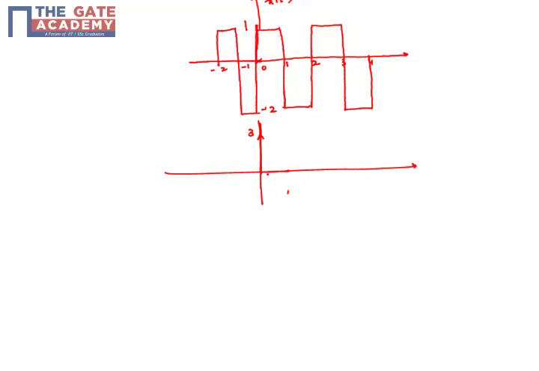At t equal to 1, the slope is minus 2 minus 1, so its value is minus 3. Similarly, you will get plus 3, minus 3, plus 3, minus 3, and so on. Similarly here also minus 3, plus 3.